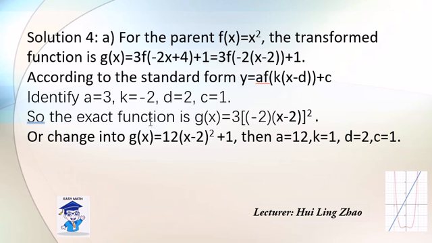So the exact function is g(x) equals 3 times (negative 2 times (x minus 2)) squared plus 1, or changed into g(x) equals 12 times (x minus 2) squared and then plus 1. The two functions are equal. Then a is 12, k is 1, d is 2, c is 1.